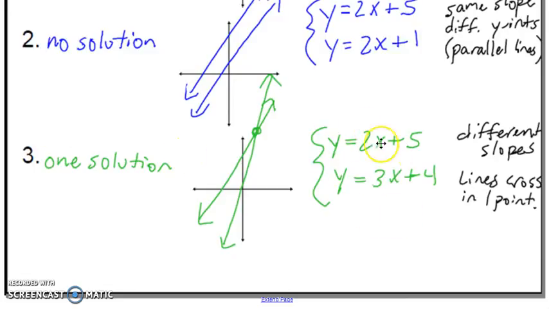This is just a random example here. They have different slopes. We see that the lines cross in one point. Please make sure when you're answering a system like that you write the answer as a point. So you find the x value, the y value, and write it with parentheses and a comma between.